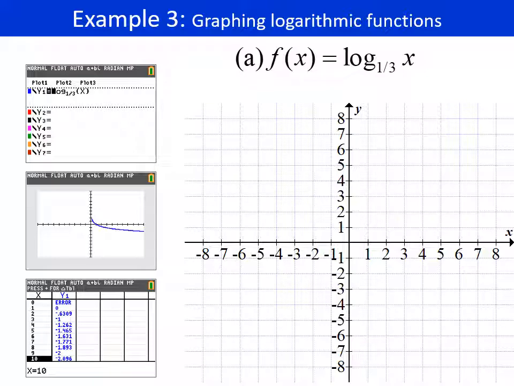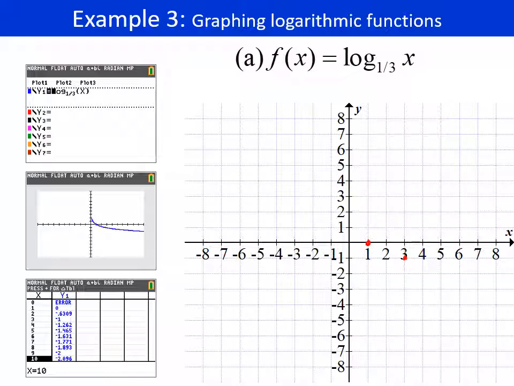So in the table we see that there is a dot at 1, 0, and there is a dot at 3, -1. Also, I might notice there's a dot at 9, -2.